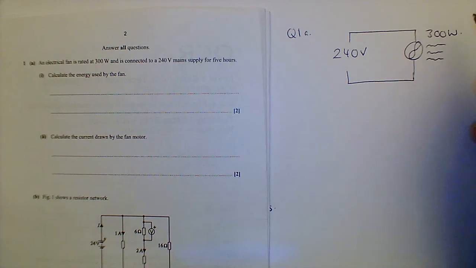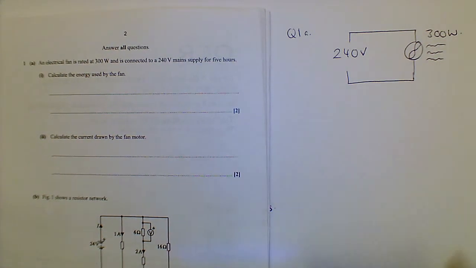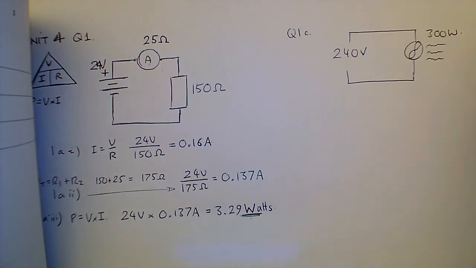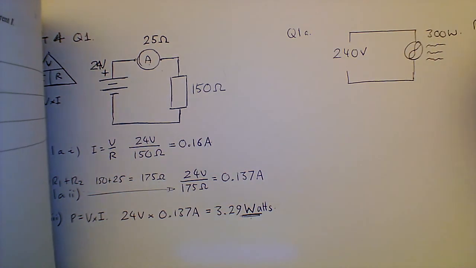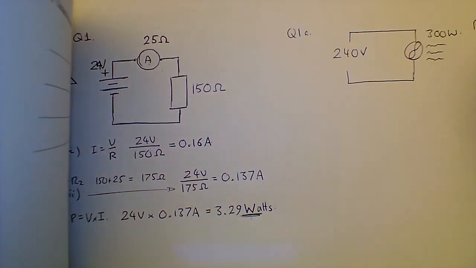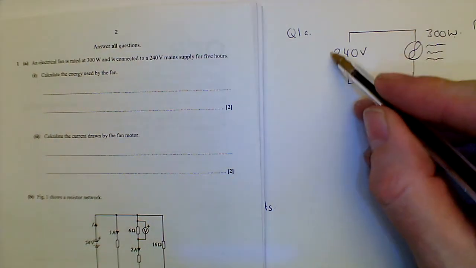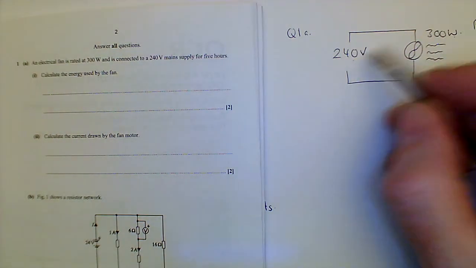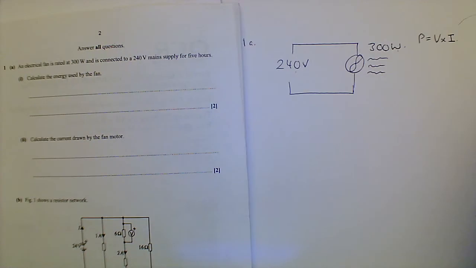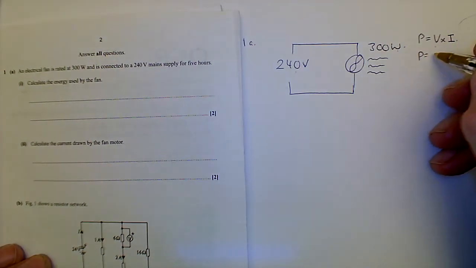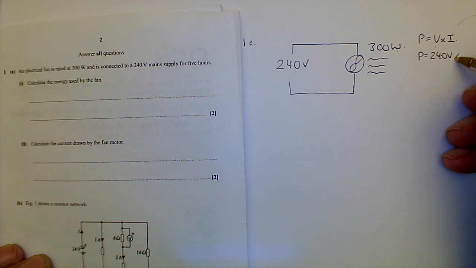What do I know about that? What I know is that watts is V times I. So P is equal to V times I. So this 300 watts is going to be made up of 240 volts times something.